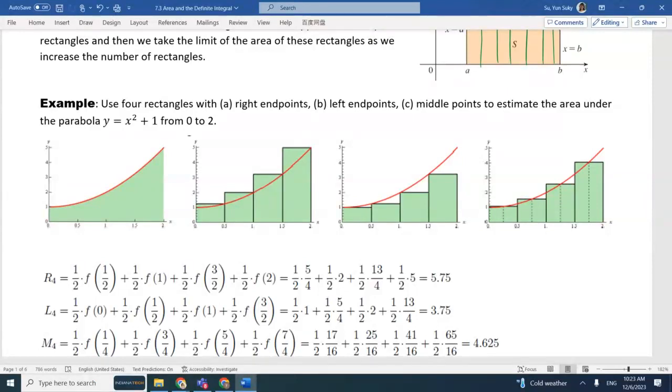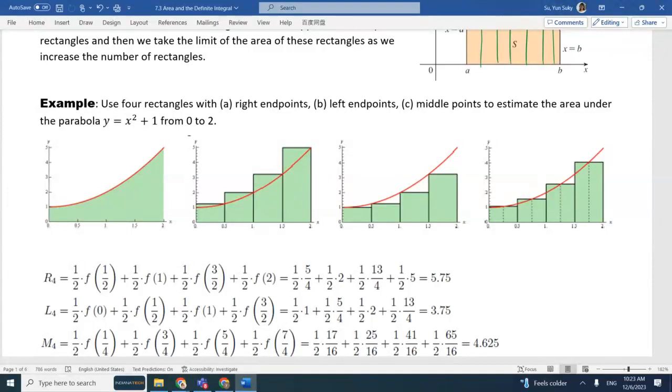The problem asks you to use different heights for the rectangles. Look at the first rectangle: your function value could be from here to here. So you can use the left endpoint as your height, or the right endpoint, or any point, depending on how the problem asks. Part A asks us to use the right endpoint.